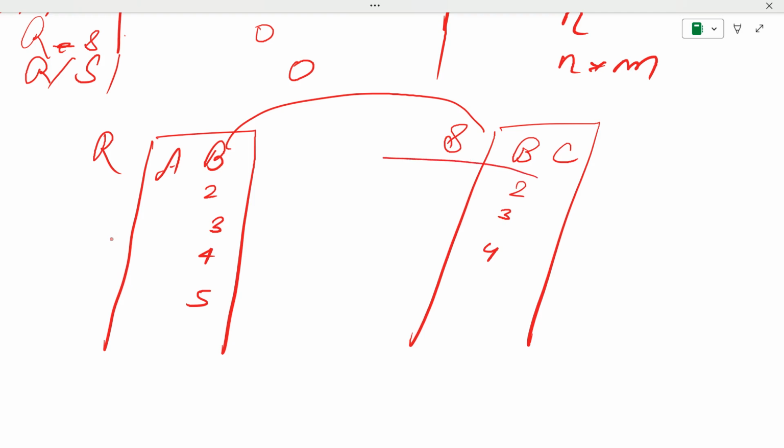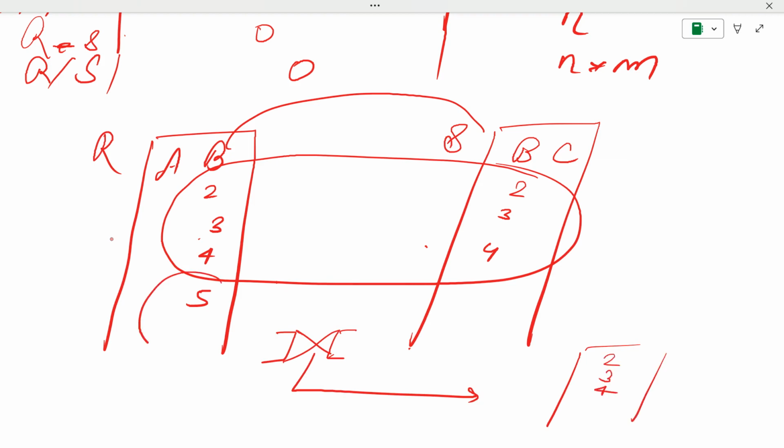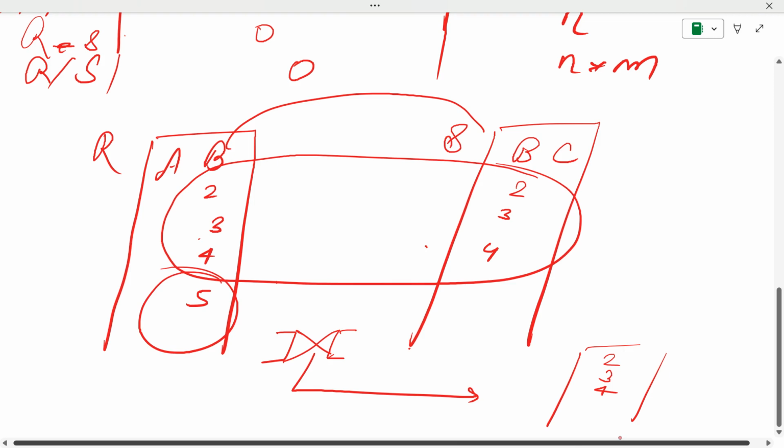If we are taking the outer join of these two, based on the common attribute we altogether have three matching tuples, that is 2, 3, 4, and this 5 will come from the outer join. So altogether we have four tuples in the outer join of R and S.